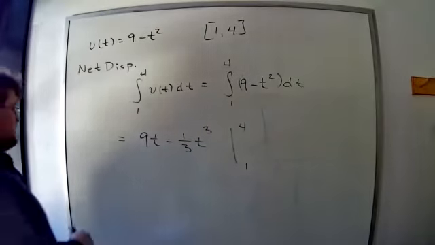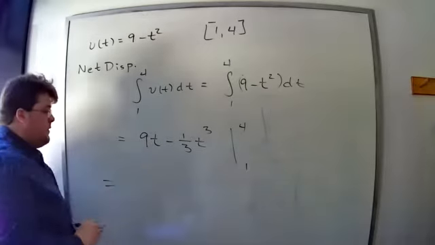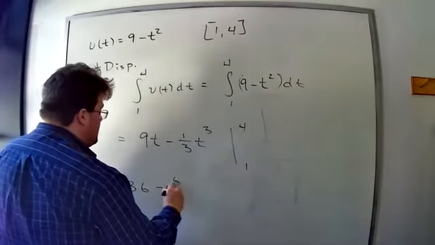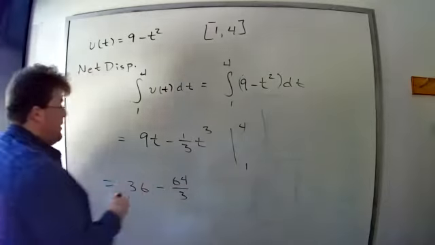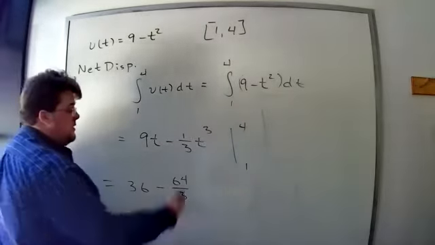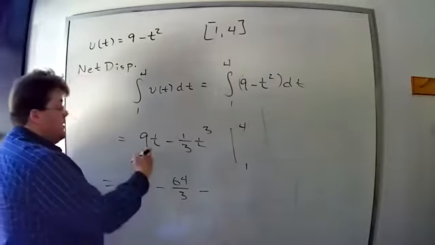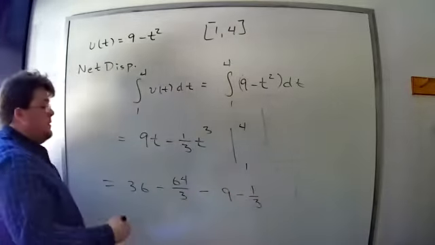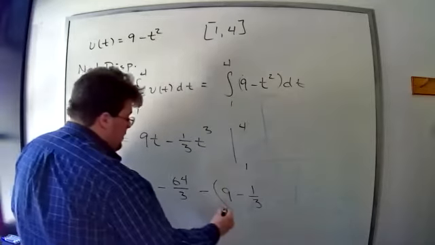Evaluate from 1 to 4. At t equals 4, you get 36 minus 64 thirds, since 4 cubed is 64. Evaluate at 1, we want to subtract. At 1, you get 9 minus a third.